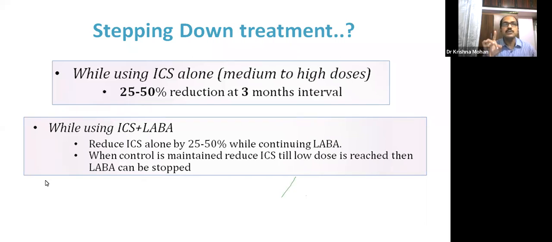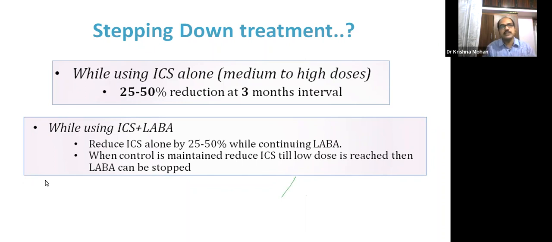When we are using a combination therapy of ICS and LABA, always make sure that you are decreasing the dose of inhaled corticosteroid first. So reduce the dose of ICS alone by 25 to 50% and continue LABA. Please do not stop LABA immediately after getting control.